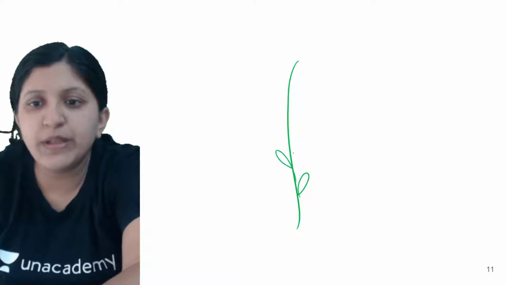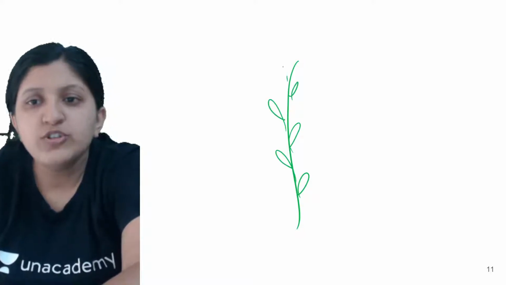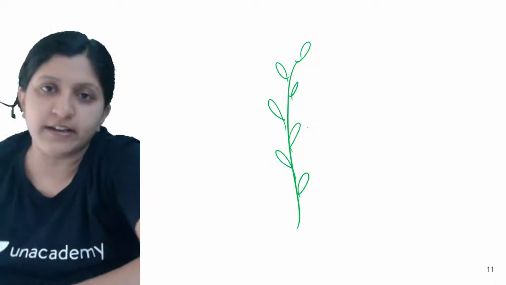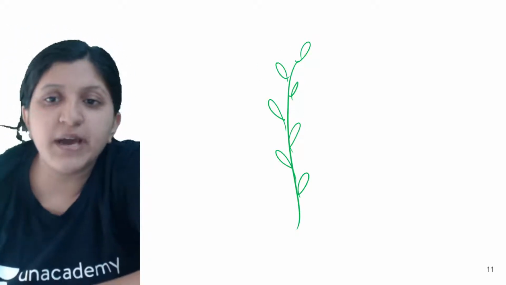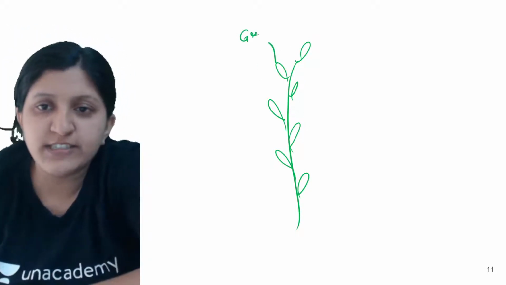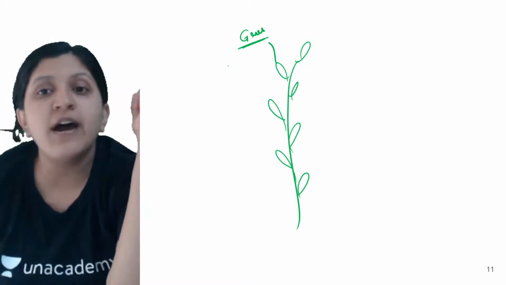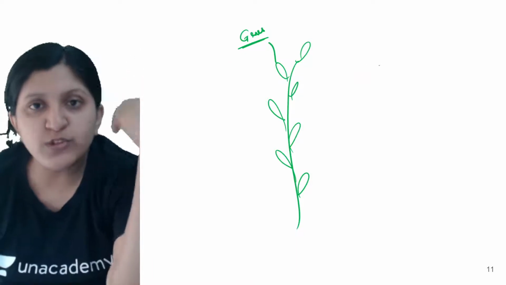So here is one plant. There are changes that are occurring. The genetic makeup, the genes in this plant, are different as compared to the other one.